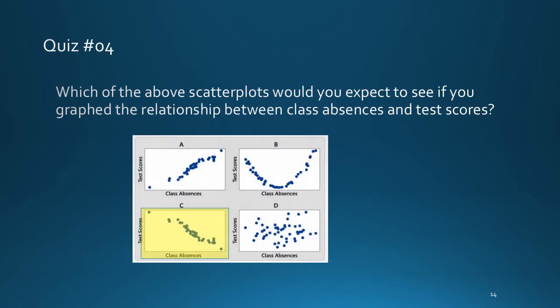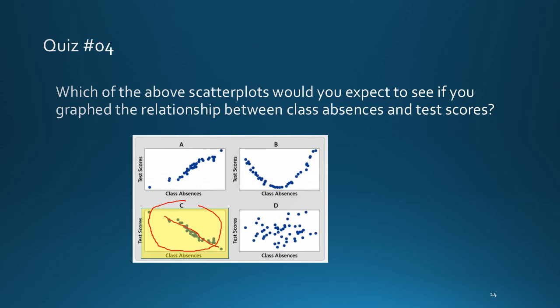The answer for question number four is C. See here, graph C shows the expected relationship between the variables, which is negative.